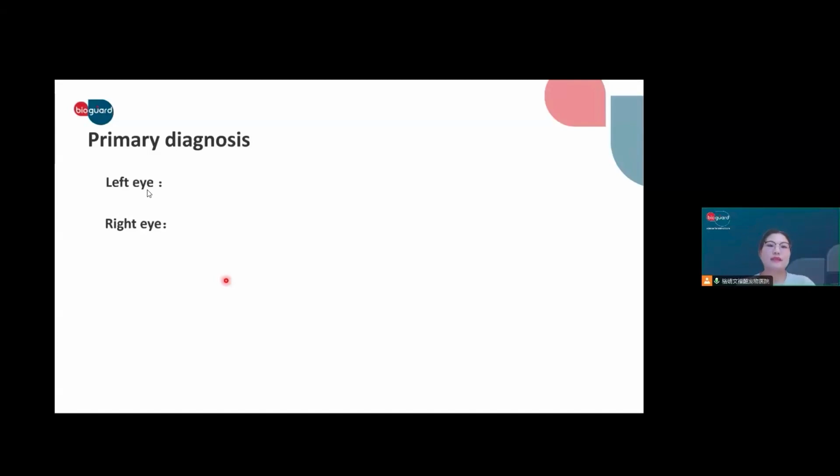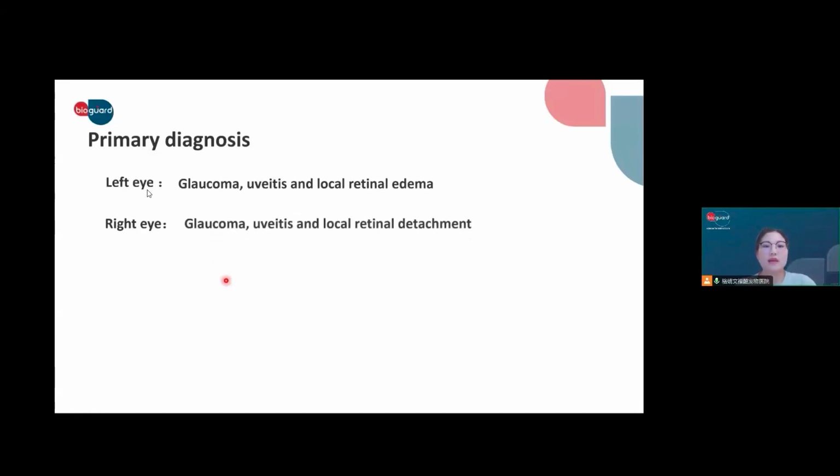Let's try. The left eye had glaucoma, uveitis, and local retinal edema, and the right eye had glaucoma, uveitis, and local retinal detachment.